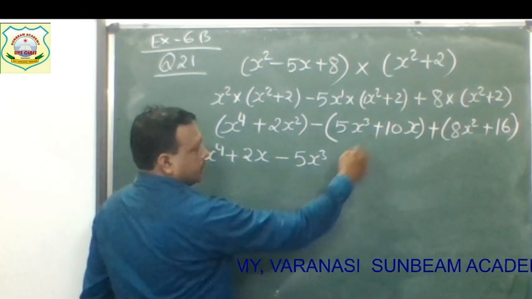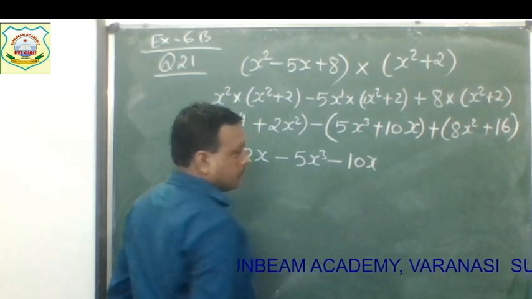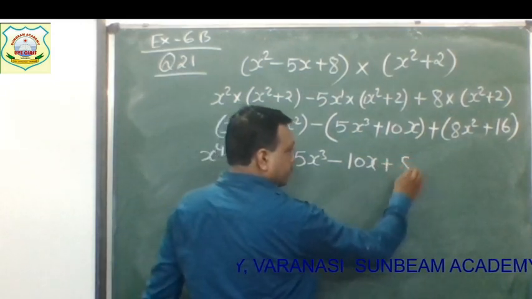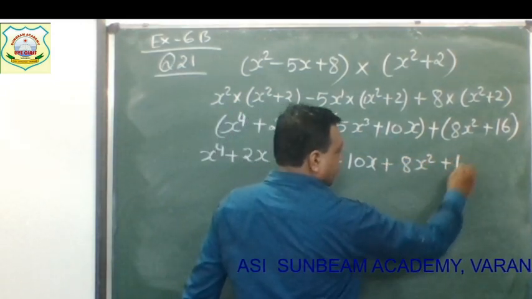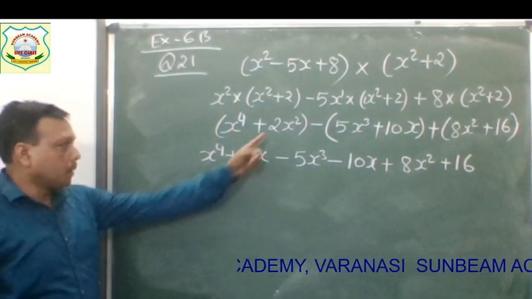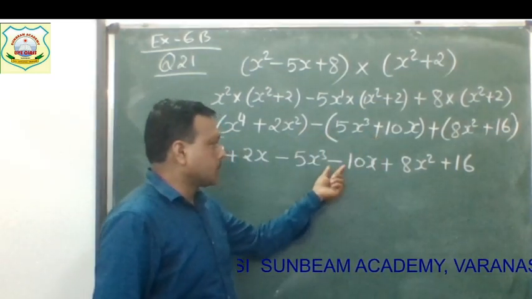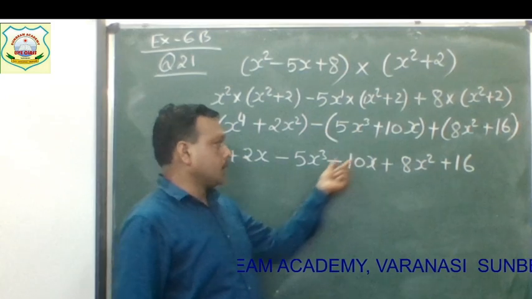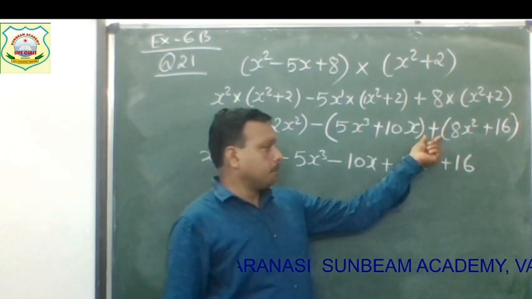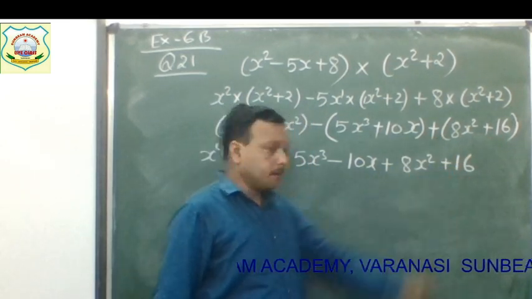Here is plus, then minus 10x, minus 10x plus 8x square plus 16. Students, you can see here x power 4 plus 2x square minus 5x cube. When we have opened the bracket, the sign will change, minus and plus, that is minus 10x. Now you can see here it is in plus, the sign will not change. Plus 8x square plus 16.